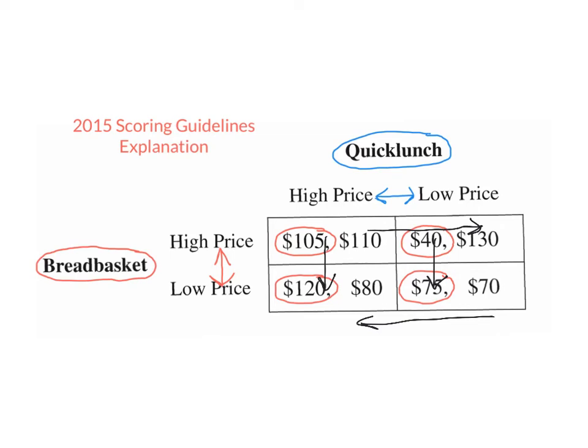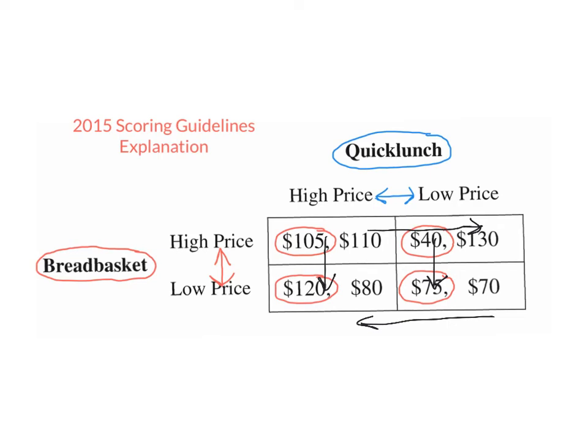The next part of the question reads, if the two shops do not cooperate on setting prices, what will be the profit for each shop? Essentially, what they are asking for is where Nash equilibrium exists.